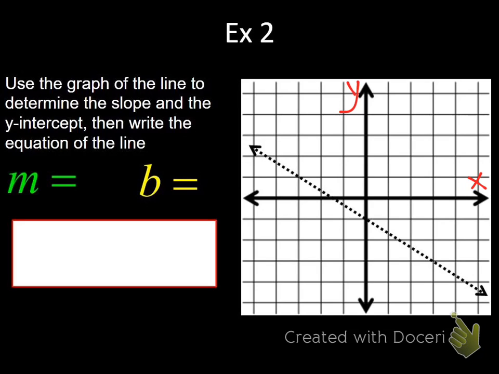What does y-intercept mean? The y-intercept is where the line crosses the y-axis. Yeah. So what's my y-intercept here?